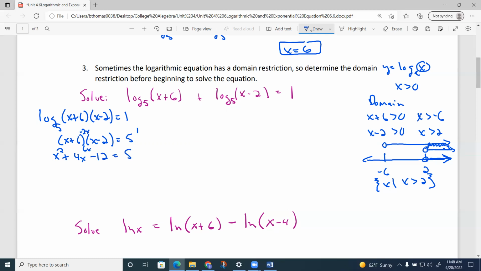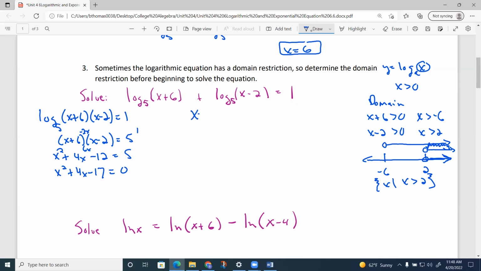To solve a quadratic, it must be set to 0. x squared plus 4x minus 17 is equal to 0. We want to try to use factoring, but I don't see factors of negative 17 that are going to add up to give me 4. So the quadratic formula has to be used to solve this.